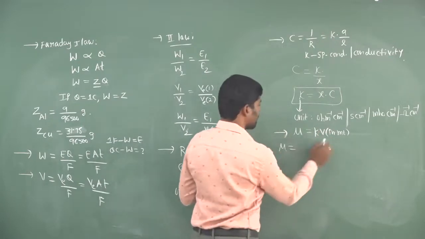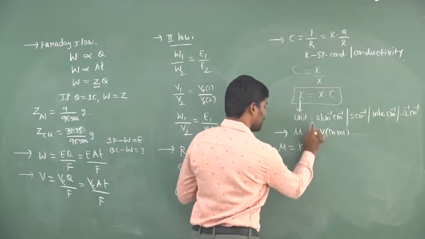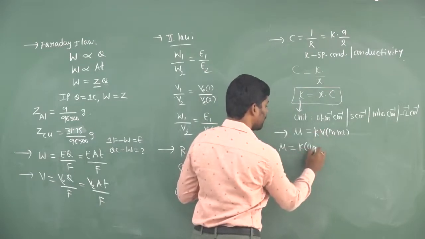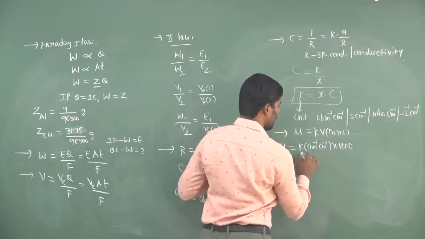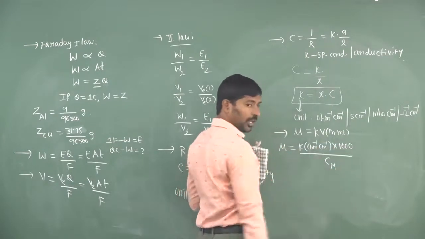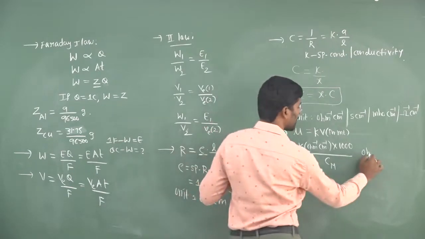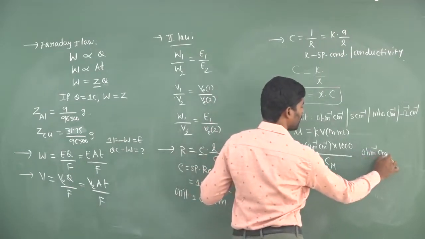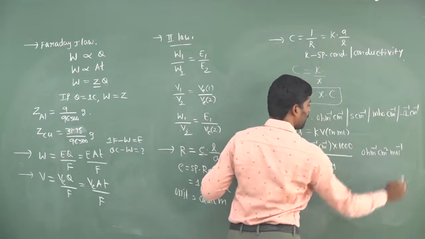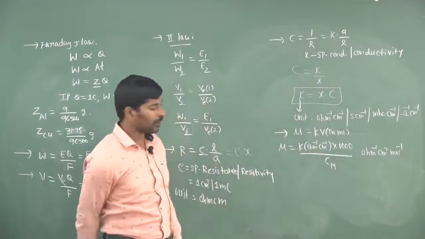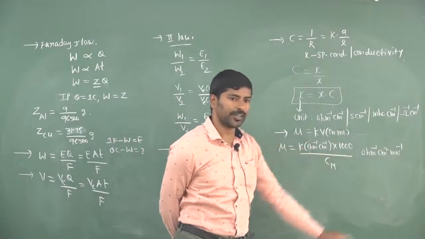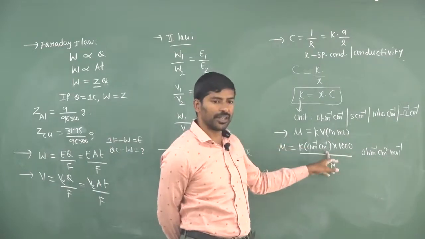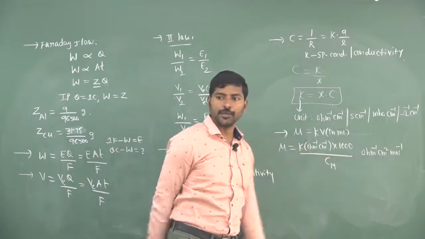This V may be written as K in ohm inverse centimeter inverse into 1000 by concentration in molarity. Then which units do we get for molar conductance? Ohm inverse centimeter square per mole. If you substitute the K value in centimeters, here also we will get centimeters. And if you substitute the K value in meters, here also we will get meters.